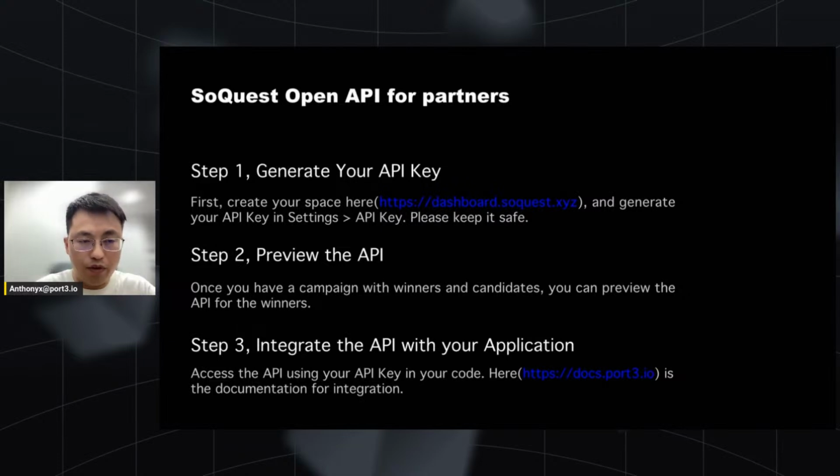For example, you use the API key and request the API, then you get data from SoQuest, then you can make some judgment. For example, whether this user is in the whitelist or not.